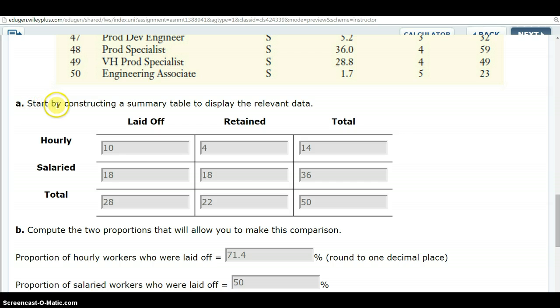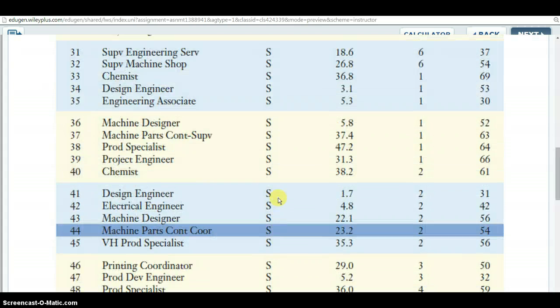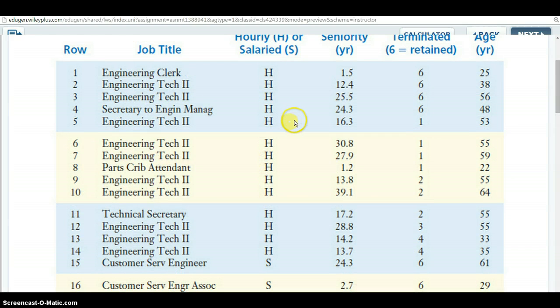So for part A, constructing a summary table, we're basically just tallying here. First we need hourly laid off, and hourly are going to be the H's. Thankfully they are grouped together here. Then we're looking at whether or not they were terminated.